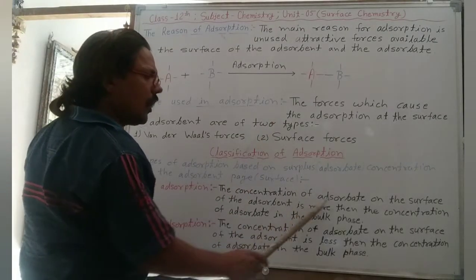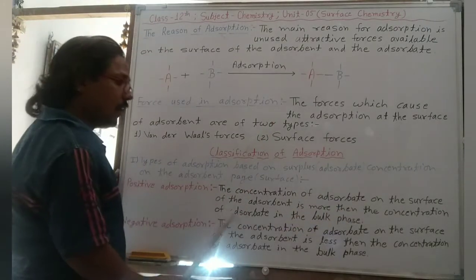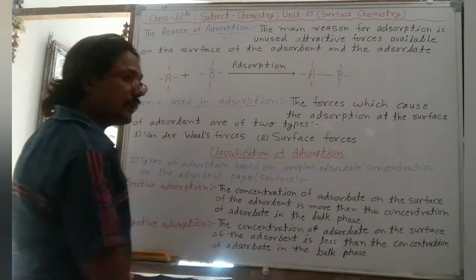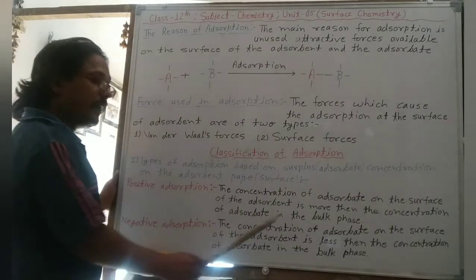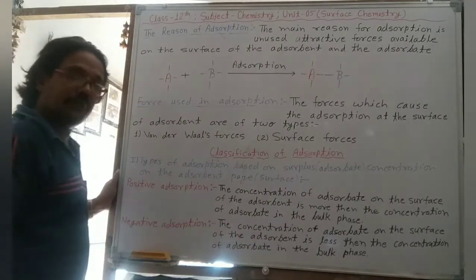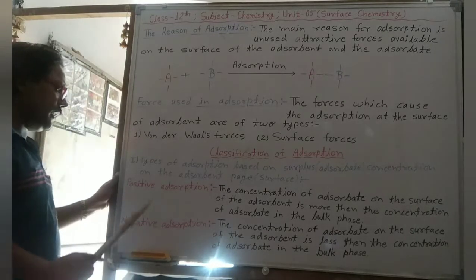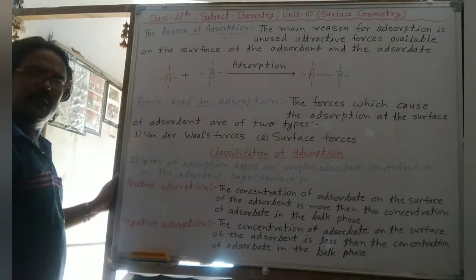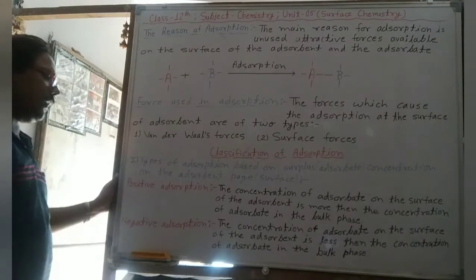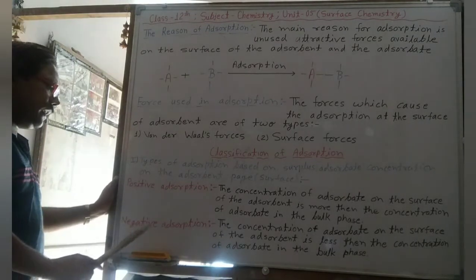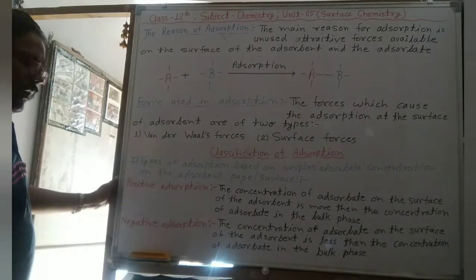If the concentration of adsorbate on the surface of the adsorbent is more than the concentration of adsorbate in the bulk phase, then adsorption is called positive adsorption. And the second type of adsorption is negative adsorption.